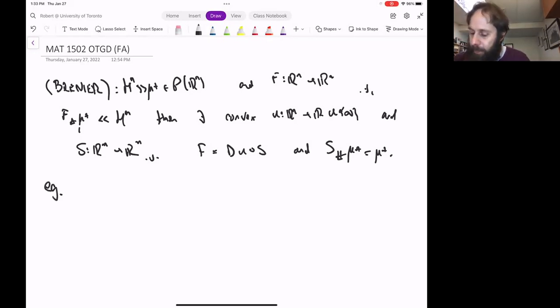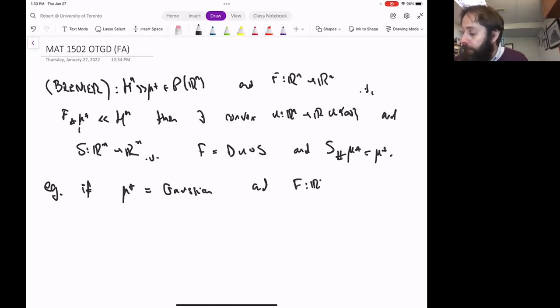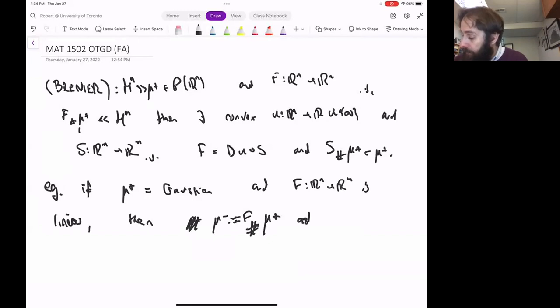So if mu plus is Gaussian, say the standard normal, and F is linear, then we saw last class that mu minus, F push forward mu, is also Gaussian.